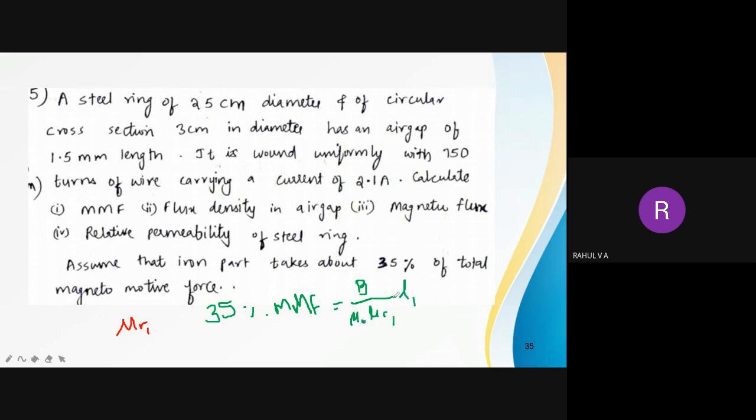Mu 0 is a constant, 4 pi into 10 raised to minus 7, and total MMF we know is 1575. So 35 percentage of 1575 is equal to B divided by mu 0 mu R1 into L1. From this equation you have to find out mu R1. All of you find out and tell me the value of mu R1.